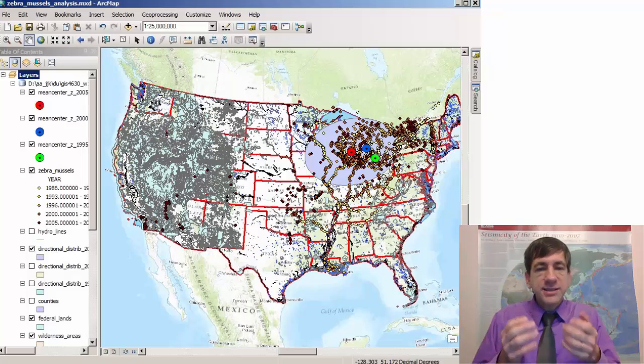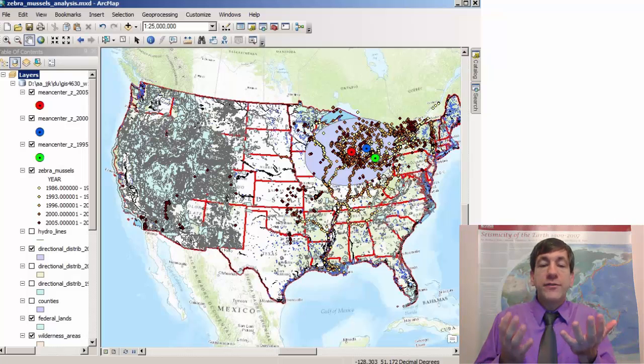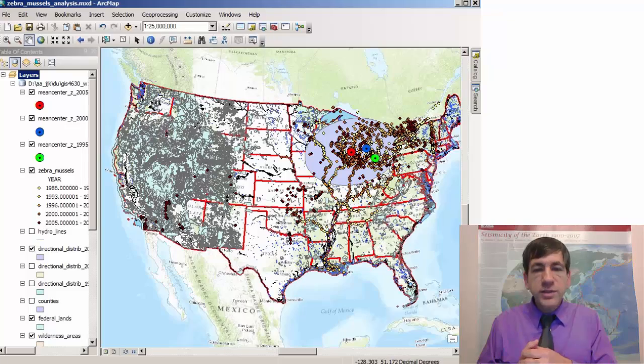So the context is invasive species. It's become a global concern, right, with the increased awareness of the importance of biodiversity and the ease at which biodiversity can become disturbed. Now, how and where biodiversity is affected by any phenomenon that varies in time and space, people, climate, the invasive species themselves, they all lend well to GIS-based analysis.